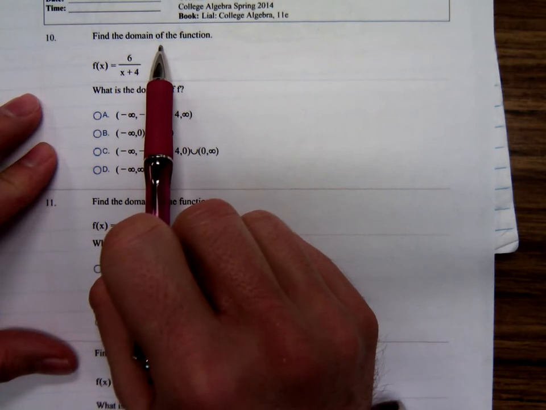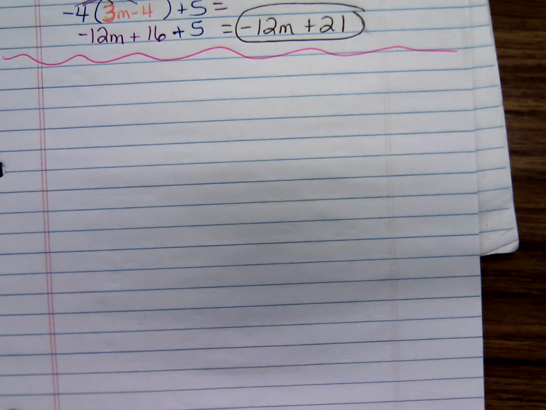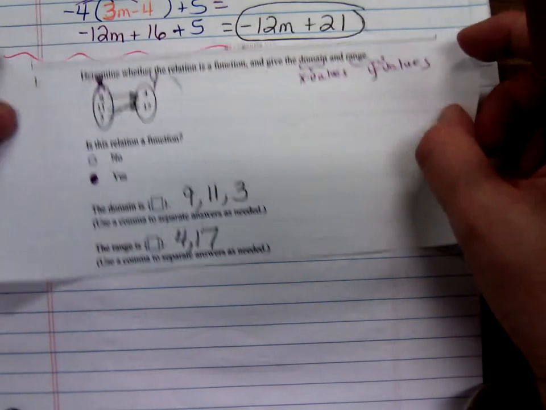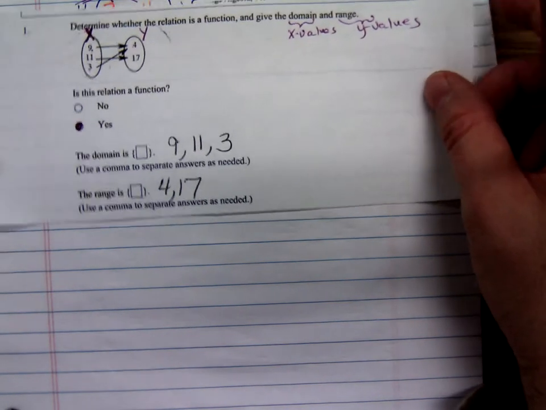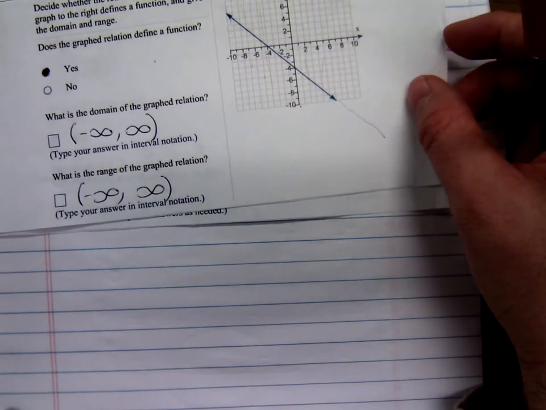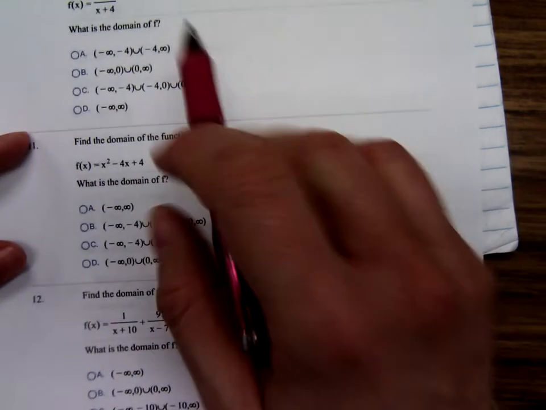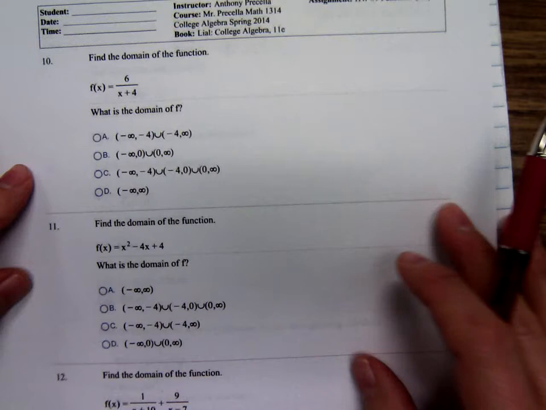It's pretty easy to find the domain when you're, like problems 1 and 2. Oh, it's pretty easy if there's a graph given also. But what if you just have an equation or a formula? How do you find the domain when the function's written like this as a formula? Well, there's a few rules that you need to know.